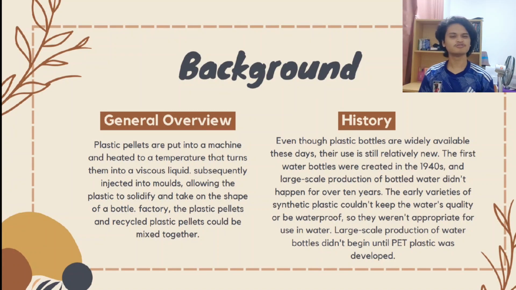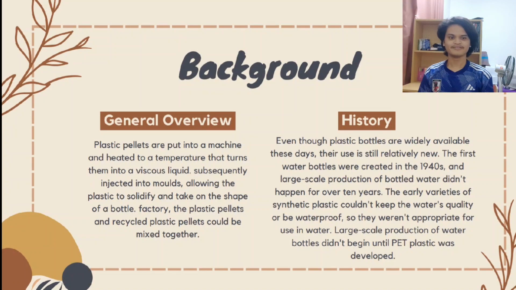So we go to the history of the background. Even though plastic bottles are widely available these days, their use is still relatively new. The first water bottles were made in the 1940s, and larger scale production of bottled water did not happen for over 10 years.